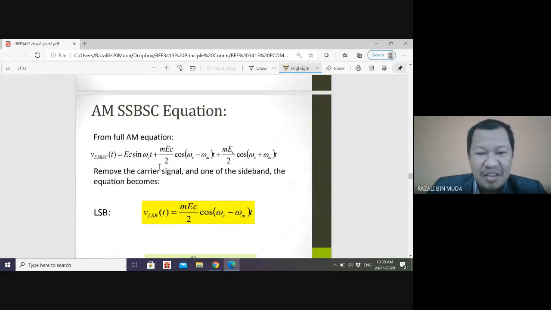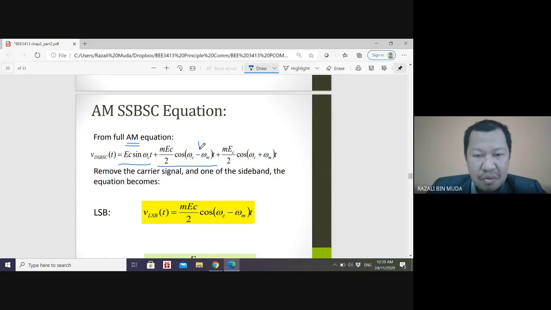Okay. So let's see the equation of single sideband suppressed carrier. The equation derivation always starts from the conventional AM equation. You still remember it has three components. First is the carrier, second is the sideband.